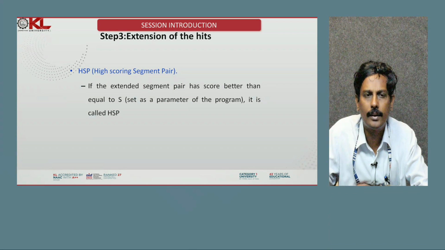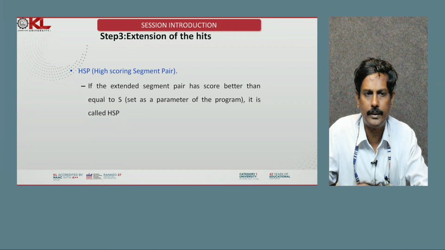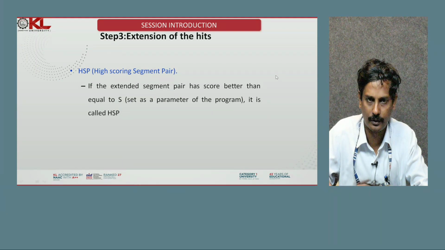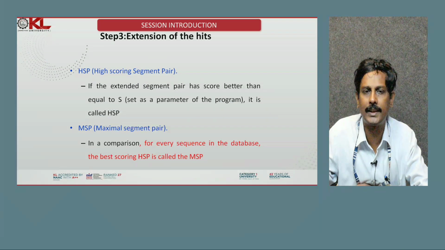So how do we calculate the high scoring value in this heuristic method? If the extended segment pair has a score greater than or equal to S, S for segment, it is called a high scoring segment pair. Then MSP stands for maximal segment pair.